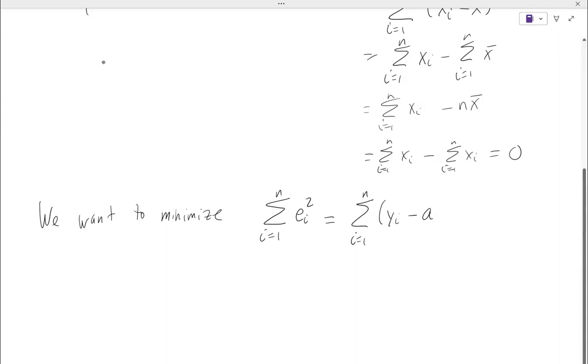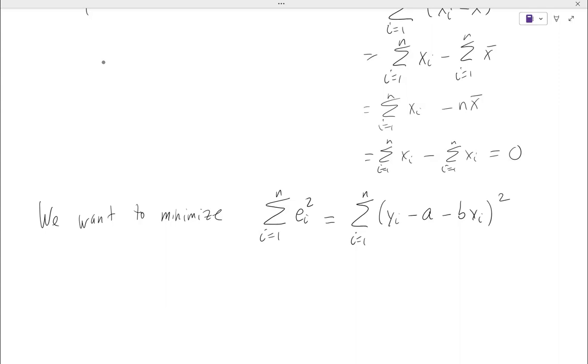I'll write my constant as an A. Some books use alphas. So my predicted y value would be what I get when I plug x sub i into the line, right? That would be A plus b x sub i. I'm subtracting it, so that's why I've got minus signs in both places. My error then would be the difference between predicted and observed, squared.